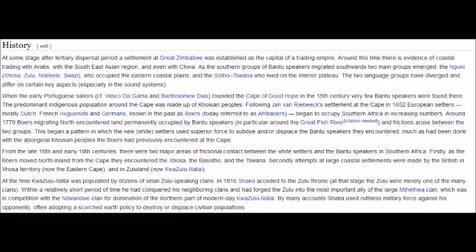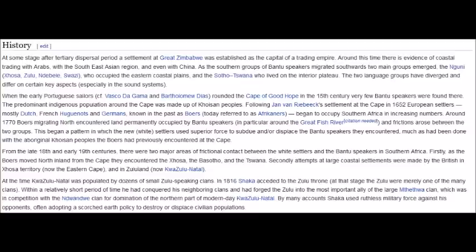Secondly, attempts at large coastal settlements were made by the British in Xhosa territory, now the Eastern Cape. Man, the British was in everything, wasn't they? Man, they was something else. Wow. Sorry about that little sidebar. And in Zululand, now KwaZulu-Natal.